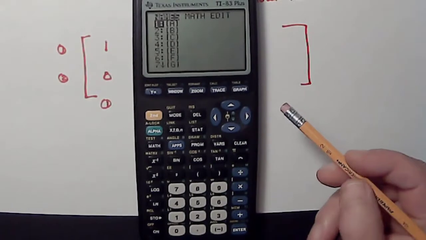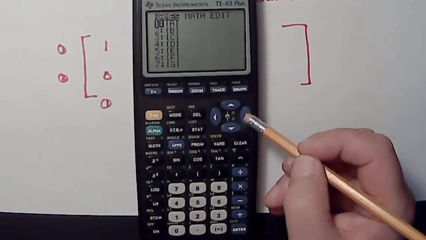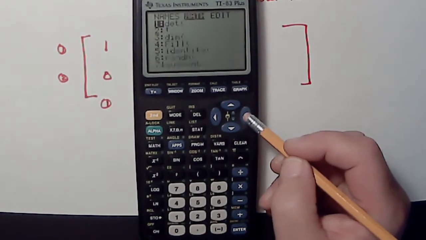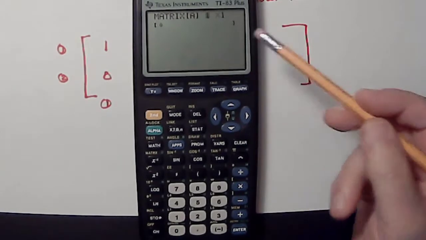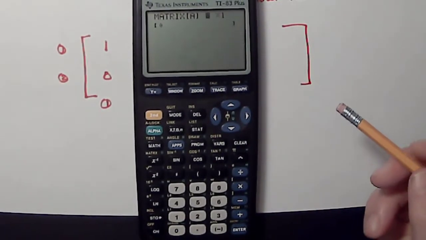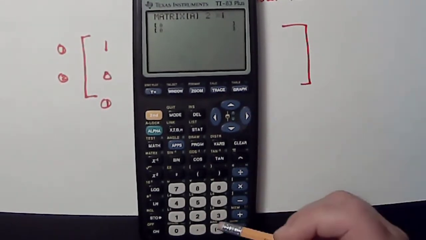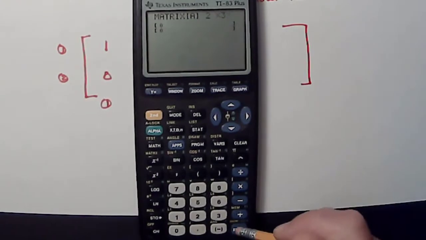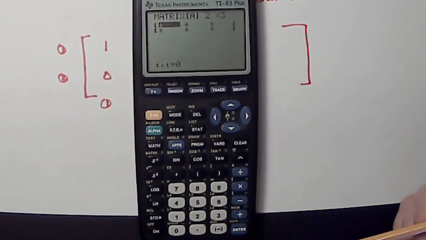I'm going to make matrix A 2 by 3, 2 rows by 3 columns. So I move over to edit, I press enter. Now the default for any matrix is a 1 by 1, that's just one number. So I'm going to change this to 2, move my arrow key to the second, hit 3, press enter, and now I have a 2 by 3 matrix.